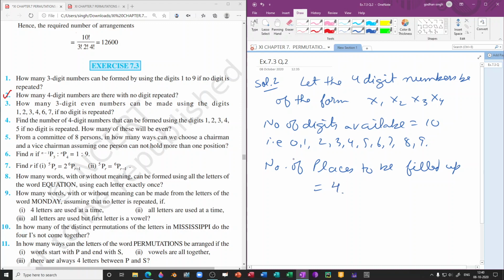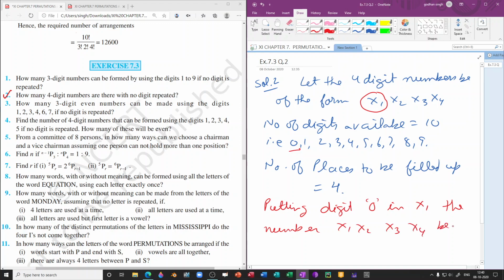Now the only problem is with 0. When we put this 0 in x1, the number will become a 3-digit number. So putting digit 0 in x1, the number x1, x2, x3, x4 gets reduced to a 3-digit number.